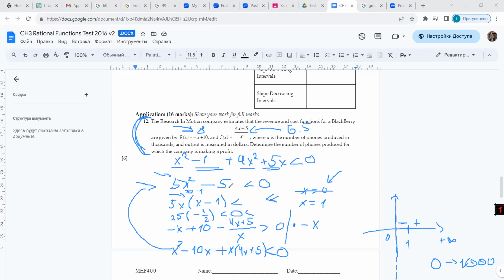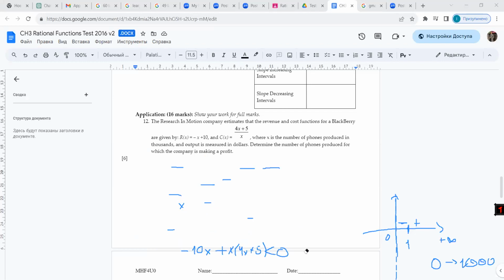So I believe I made a mistake somewhere in my calculations. So please double check this. Submit this as part of your home assignment for Sunday. Okay? I just showed you the approach on how to solve this. So basically what you have to do is to solve the inequality R of x greater than C of x.